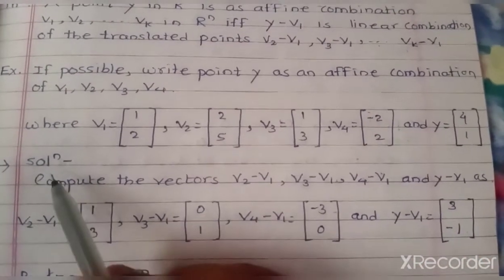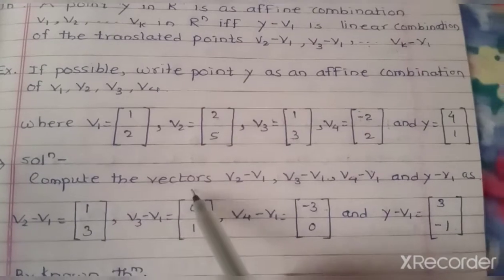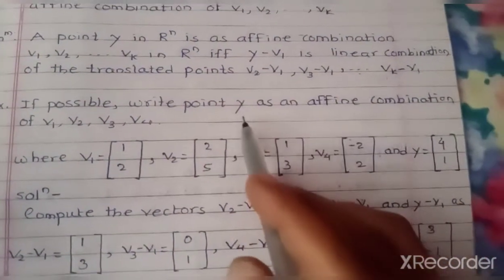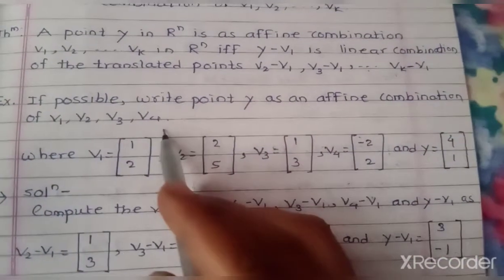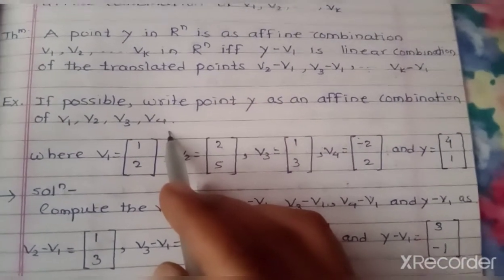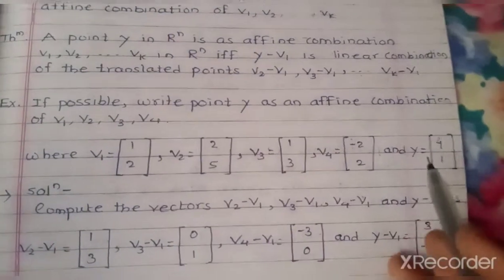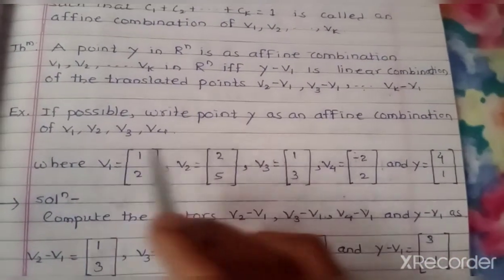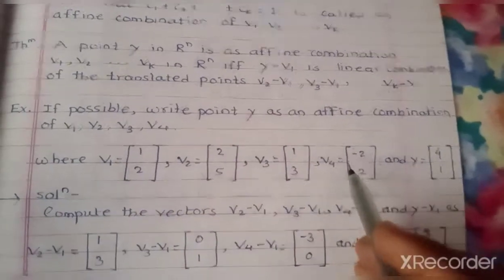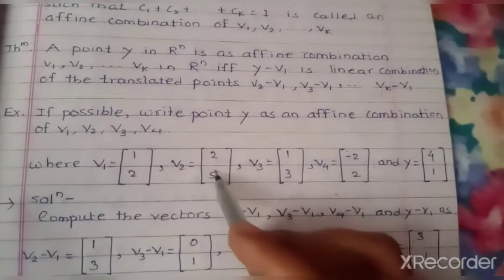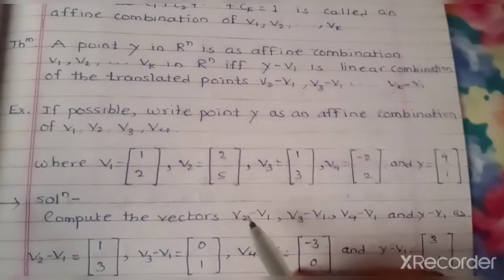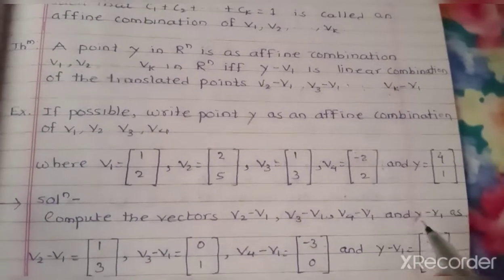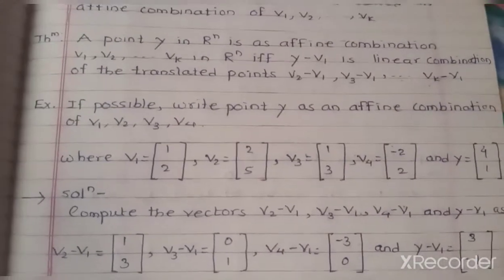In the solution, first of all, as per that theorem, we have to check whether y minus v1 is a linear combination of v2 minus v1, v3 minus v1, v4 minus v1. So first we compute the vectors v2 minus v1, v3 minus v1, v4 minus v1 and y minus v1.